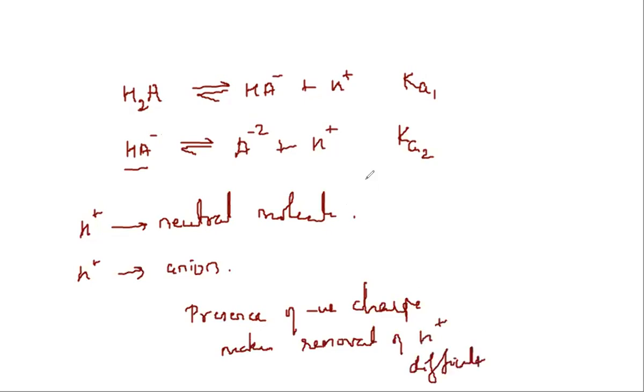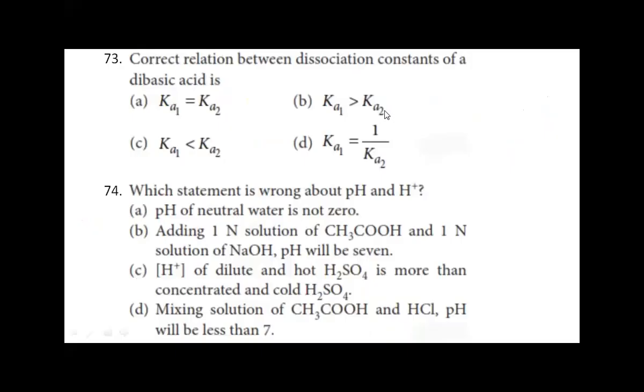So when that becomes difficult, I can say Ka1 is greater than Ka2. The dissociation constant of the first reaction is more than that of the second step of the reaction. So Ka1 is more than Ka2.